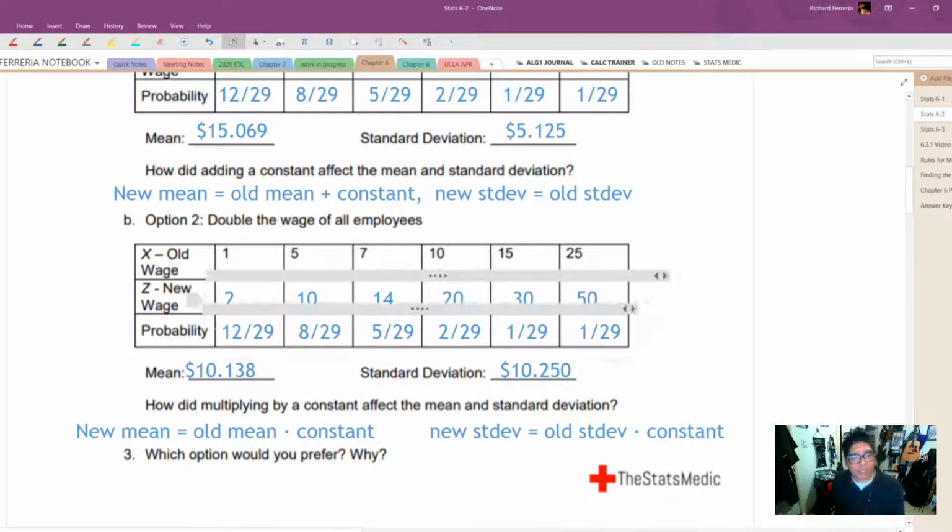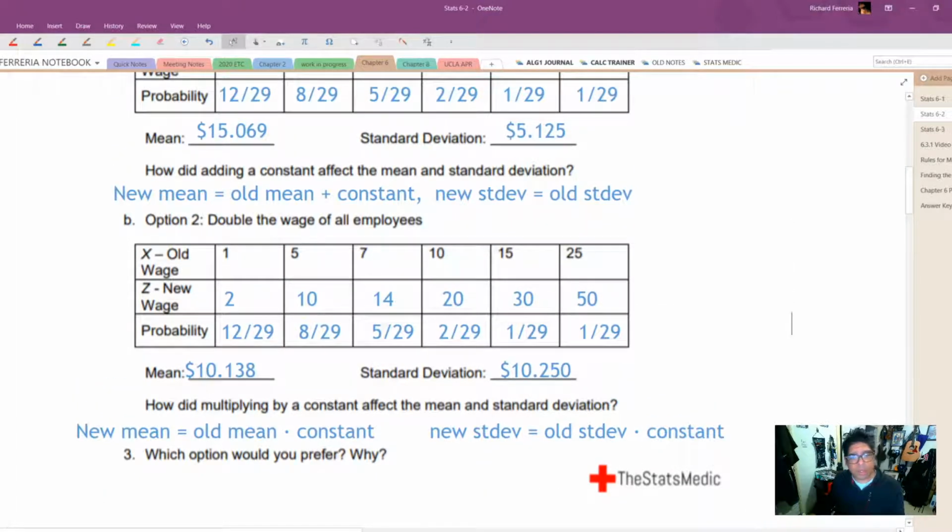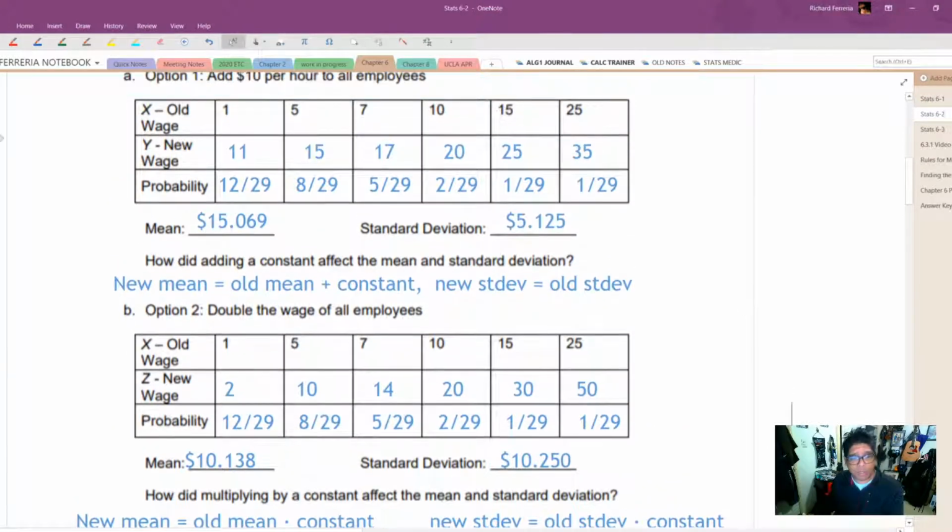Now, which option would you prefer? That's an interesting one because there are a couple of ways you can think about this. The first is that the maximum wage you could get is higher if you go for the doubling, because you get 50. But at the same time, your minimum is still 2.